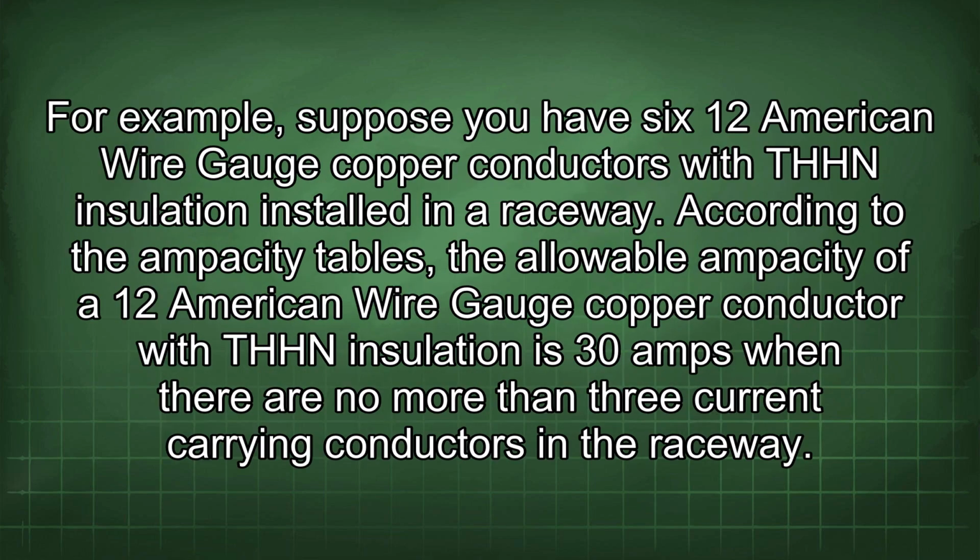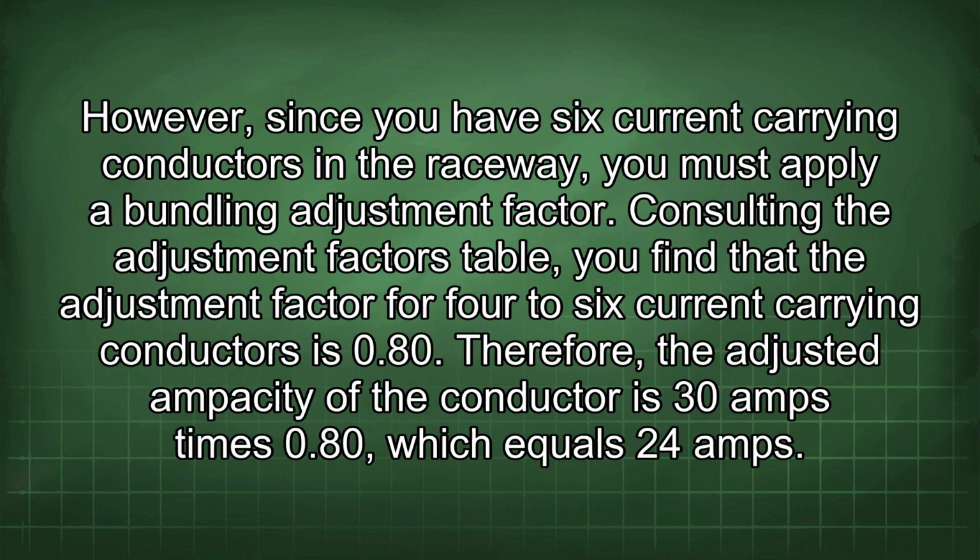For example, suppose you have 6 12 American wire gauge copper conductors with THHN insulation installed in a raceway. According to the ampacity tables, the allowable ampacity of a 12 American wire gauge copper conductor with THHN insulation is 30 amps when there are no more than 3 current-carrying conductors in the raceway. However, since you have 6 current-carrying conductors in the raceway, you must apply a bundling adjustment factor.